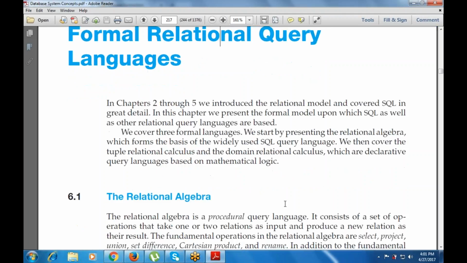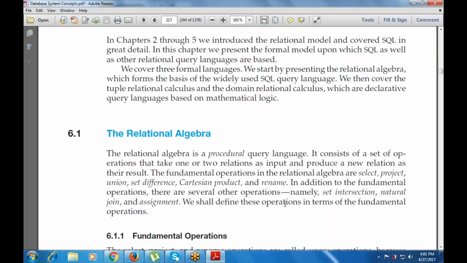Now let's talk about the first topic, that is the relational algebra. Relational algebra is a procedural query language. It consists of a set of operations that takes one or two relations, in the sense of one or two tables, as input and produces a new relation as a result.